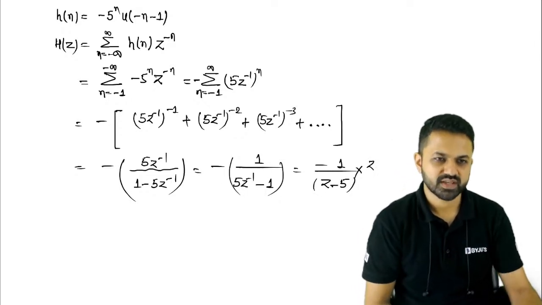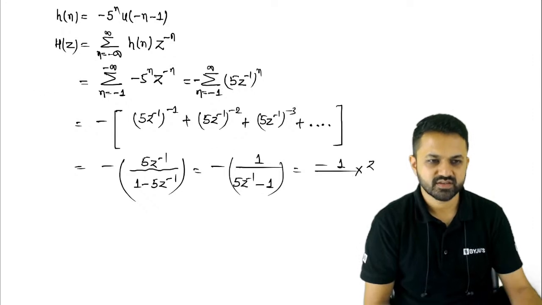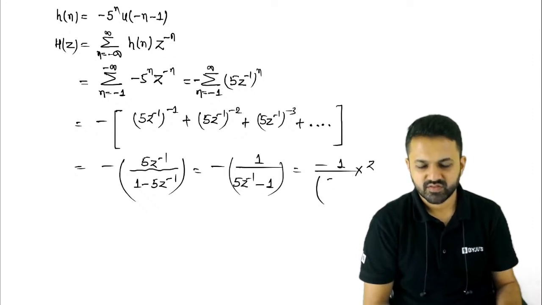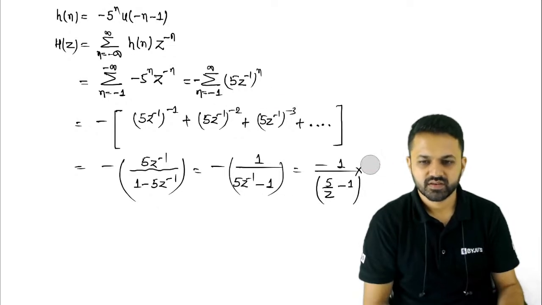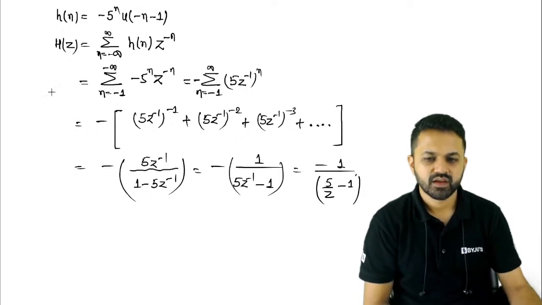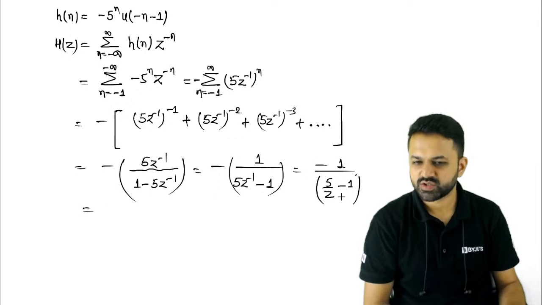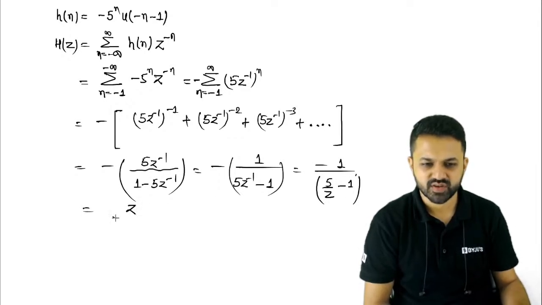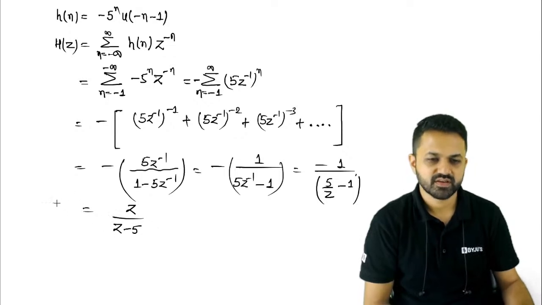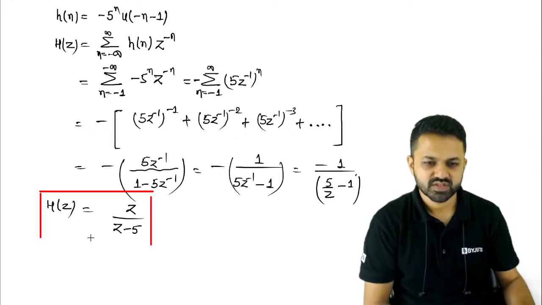Let me write it this way, 5 upon z minus 1. Now when you solve it and also multiply with the minus sign, you will get z upon z minus 5. So the z transform would be h of z is equal to z upon z minus 5.